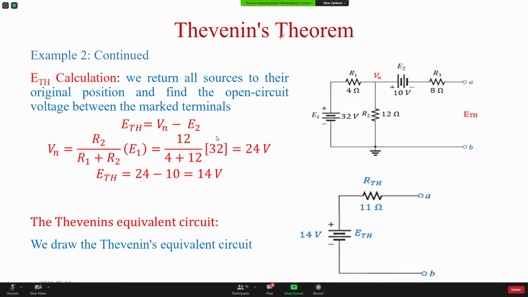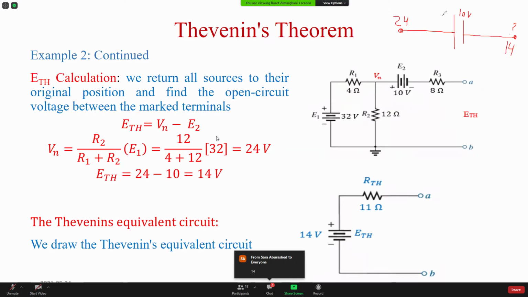Here's one more time. No, not this. I'm going to give it the source. The voltage here is 24. What is the voltage here? Okay, if this is 10, it's 14.